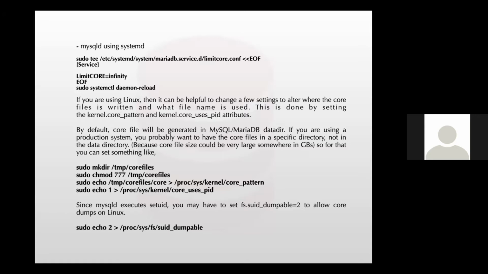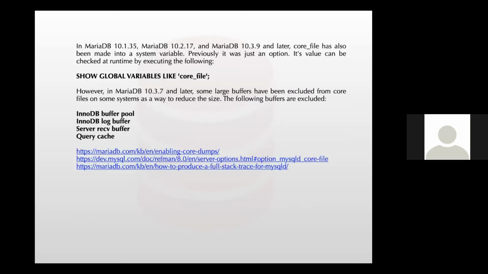So that's why at the kernel level, you have to set these two parameters. And finally, you have to set the suid_dumpable setting to allow core dumps on Linux, especially. Okay, so this is how you exactly enable a core dump for MySQL or MariaDB on the Linux platform.